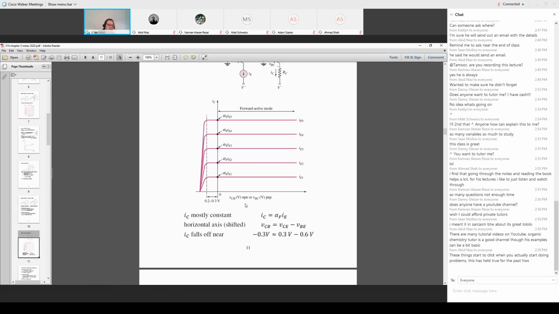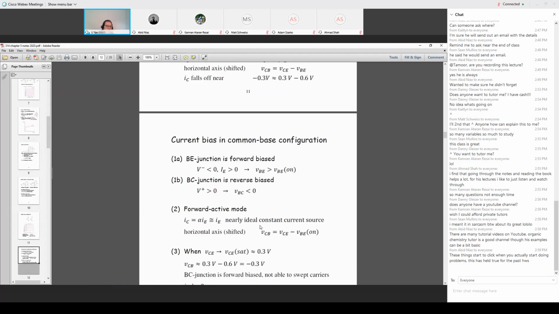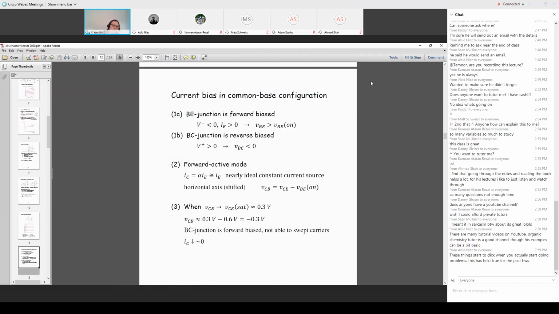The important thing is that here I plot IC versus VCB. This slide tells you what happened. So I still have to use the diagram to the left.